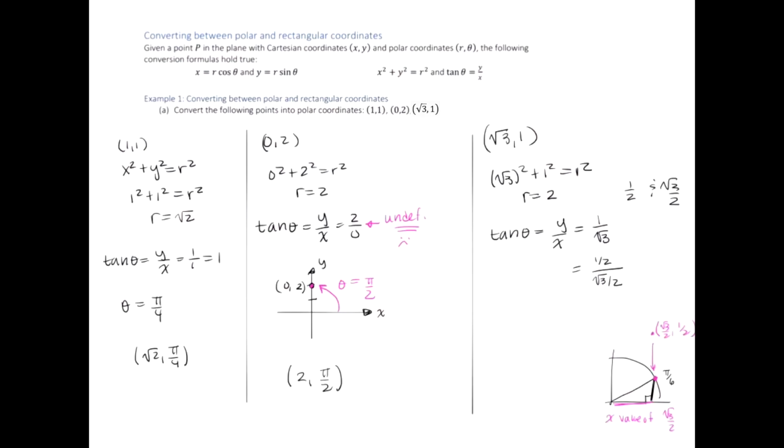And the 1/2 is this vertical value here. So that's our 1/2. So this here tells me that theta equals pi over 6, and this angle in polar coordinates is 2 comma pi over 6.